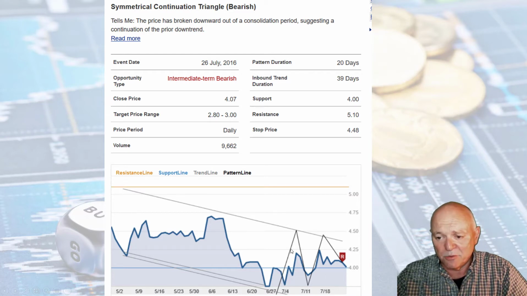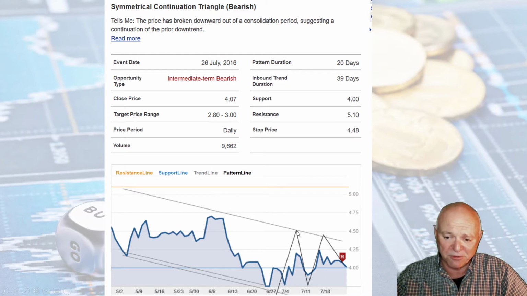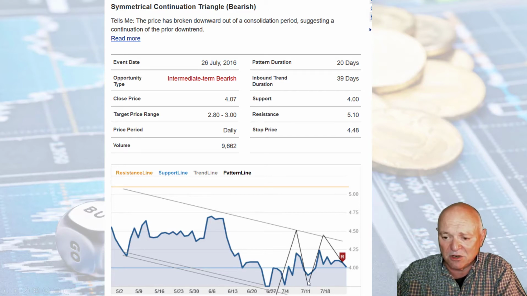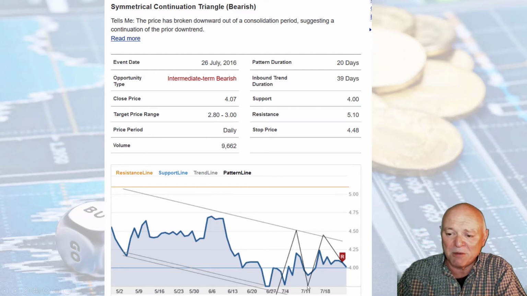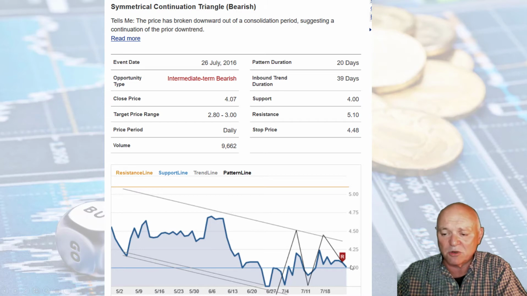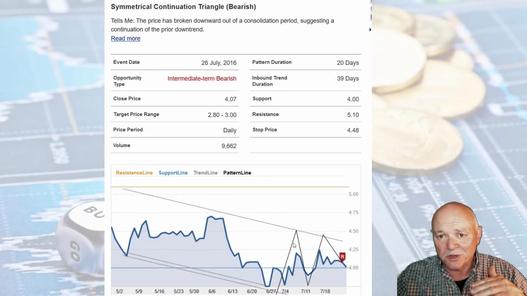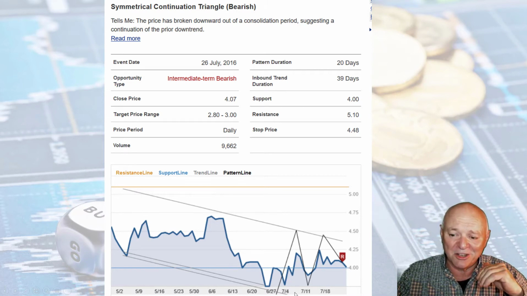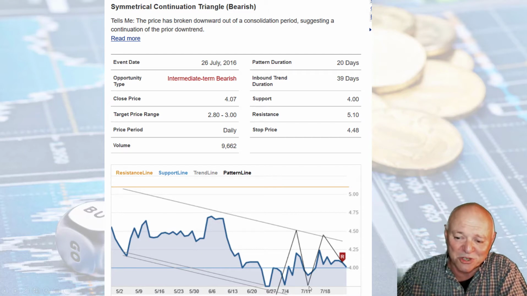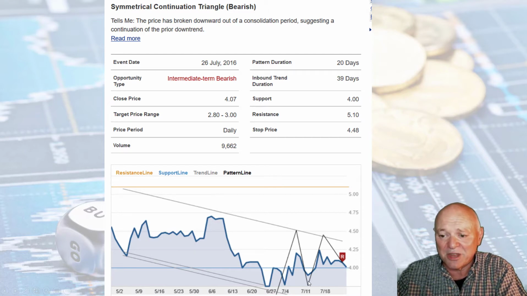In other words, we've got a lot of recovery here around the 27th of May, and the 27th of June, falling about the 11th of July, and then back up around the 18th, and so on. But the highs are lower, and the lows are also higher, and so that indicates there's some kind of a triangle going on there.